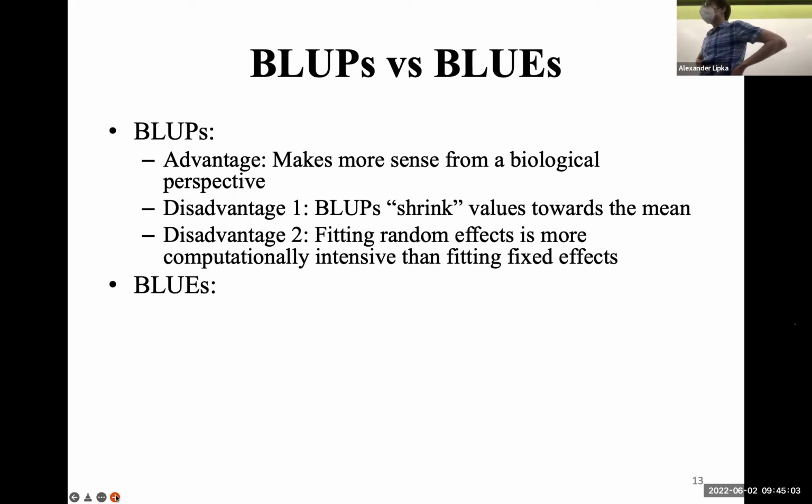Does that mean shrinking is an advantage when you have highly imbalanced data? For example, you have 2 reps in one environment and you have 5 reps in another one. So the question is, if you have unbalanced data, so you have more reps in one environment than the other, will this shrinkage actually be an advantage?